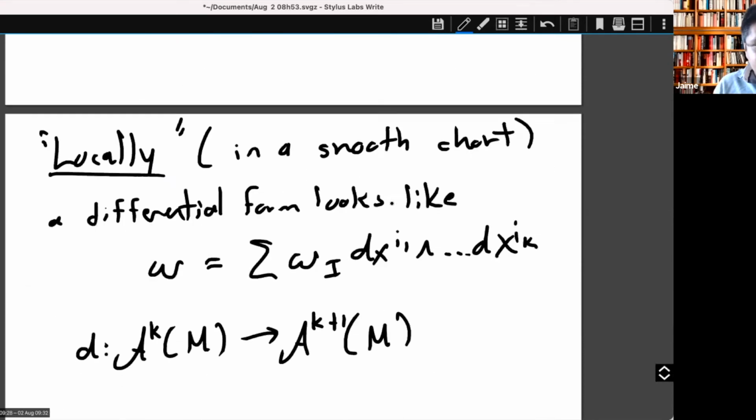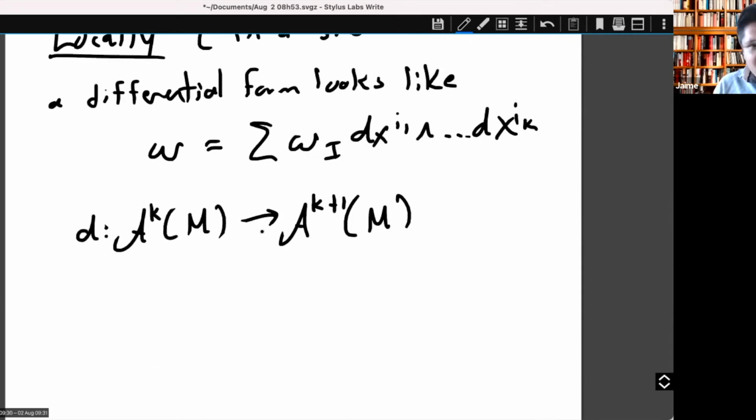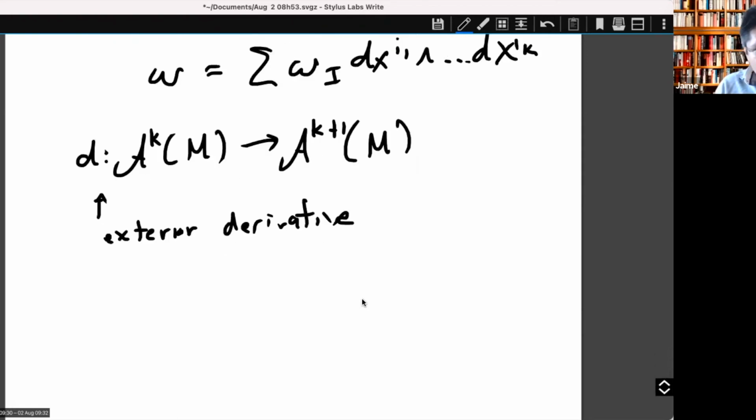So whenever you have a local section, in this case a differential form locally, you have the exterior derivative. What the exterior derivative does is that when you take locally a form, you take it to the differential of the form.